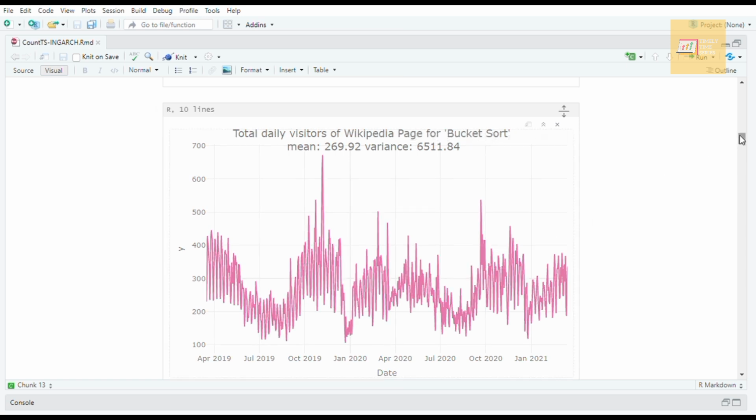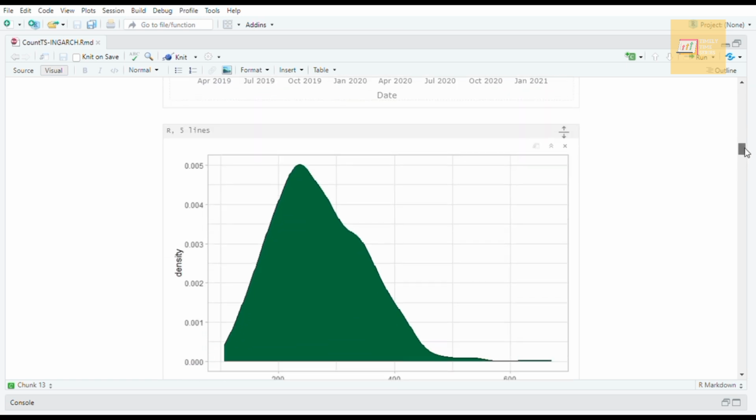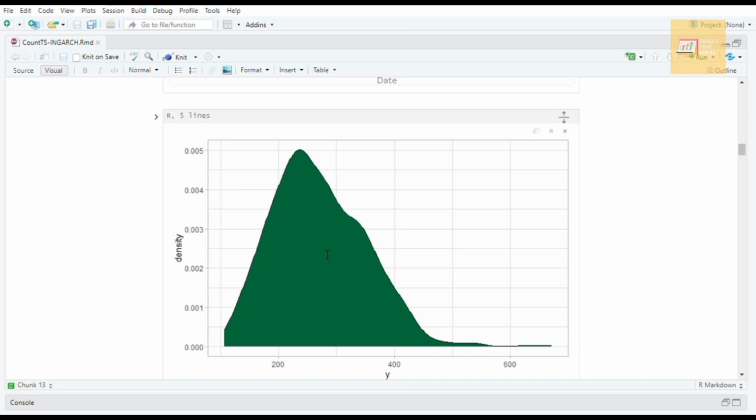Now let's look at the histogram of the data. So here it is. This is the histogram of all values in the time series that we saw just now. And yeah, it's not normal, right? It's heavily skewed to the right and we have quite a long right tail here.